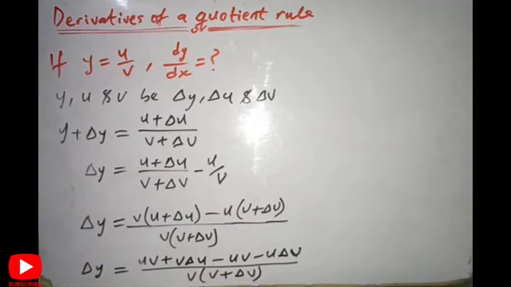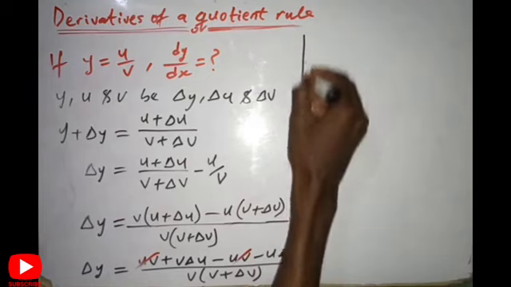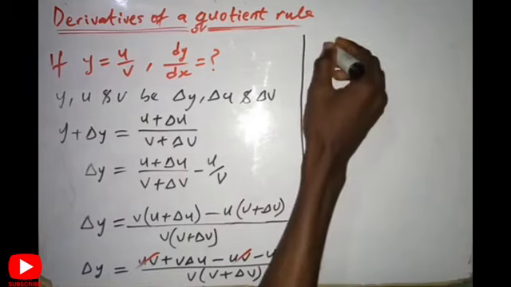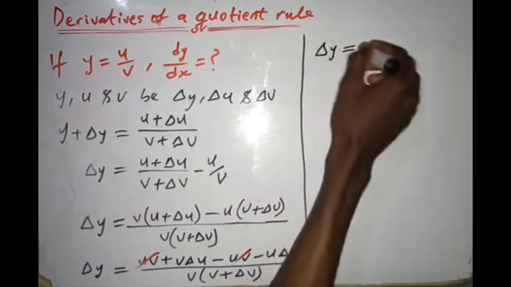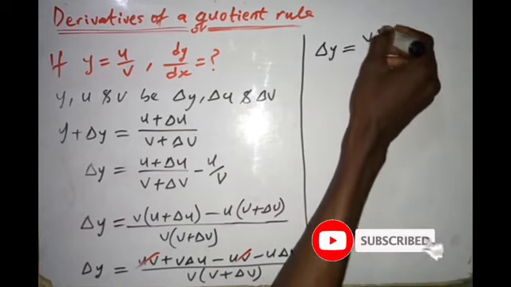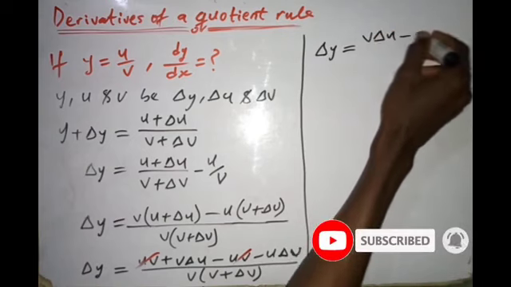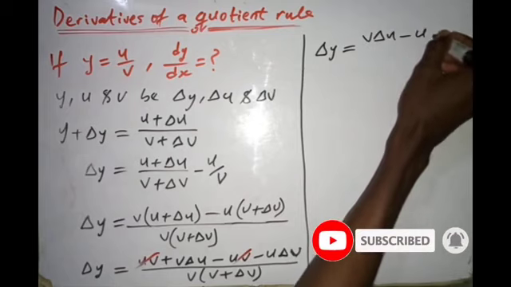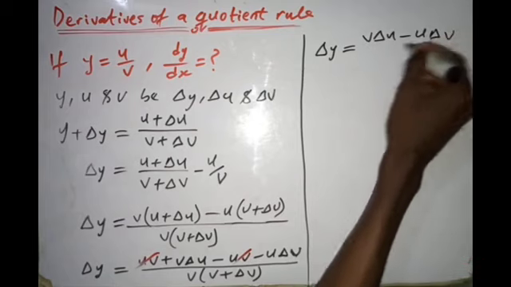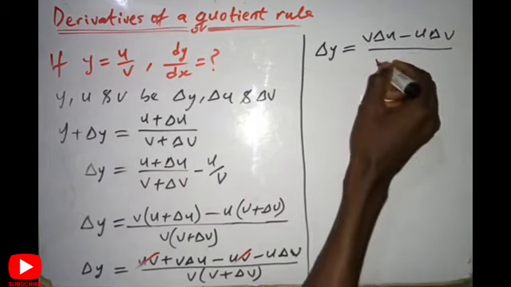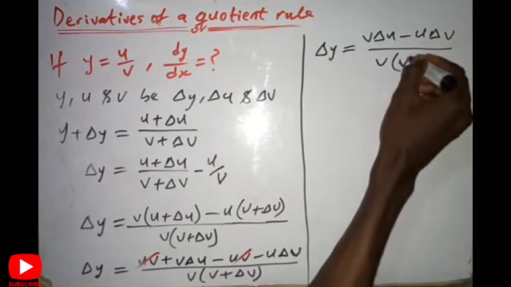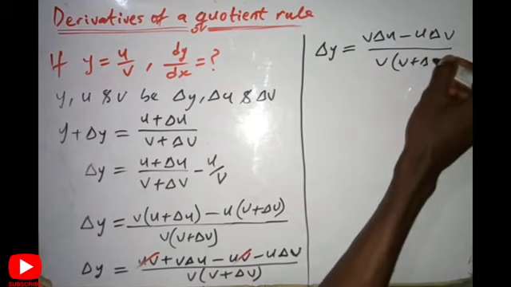So uv minus uv will be cancelled out, and it will remain delta y equals v delta u minus u delta v all over v into v plus delta v.